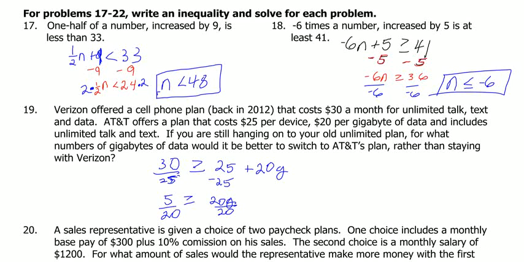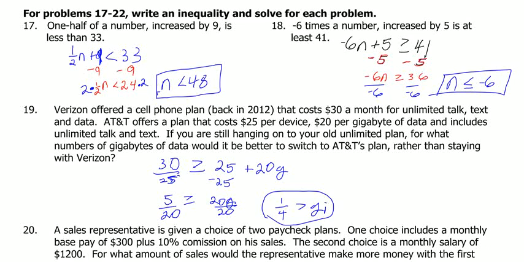And 5 divided by 20 is 1/4, greater than G. So for under 1/4 of a gig, which is like 256 megabytes, give or take, it's going to cost you less with AT&T. So if you're using like no data at all, AT&T might be a better way to go. But yeah, you're not going to be streaming movies at less than 1/4 gig. So let's see.